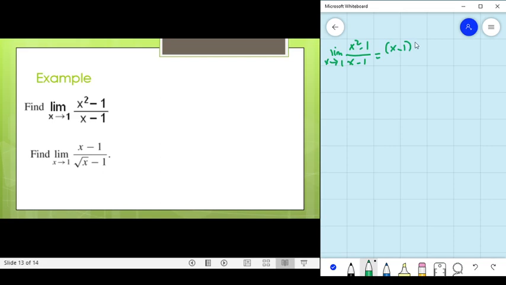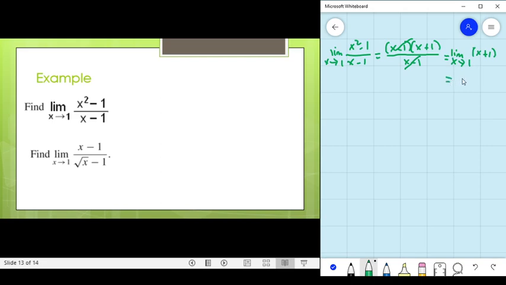So factoring the numerator, it is similar to quantity x minus 1 times quantity x plus 1 all over x minus 1. So that we can cancel the x minus 1, and what is left is the limit of x plus 1 as x approaching 1.